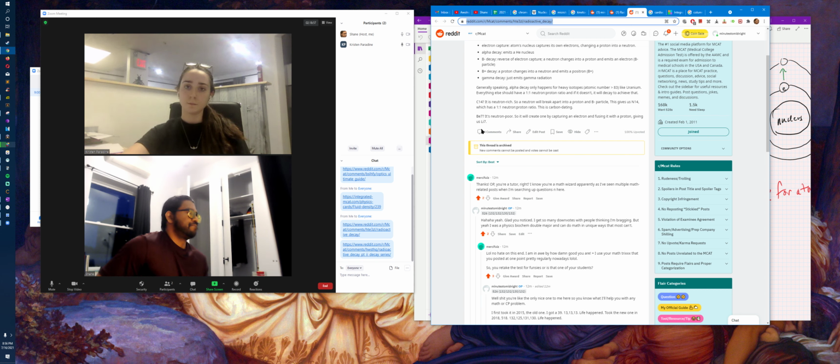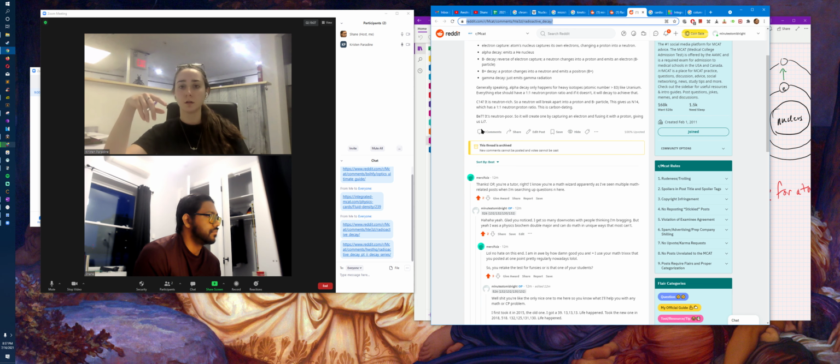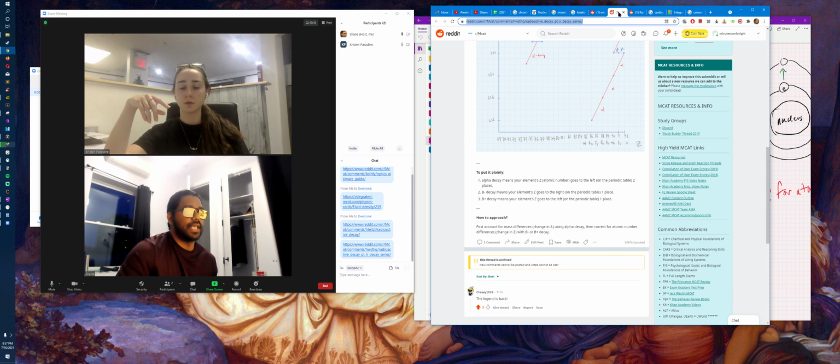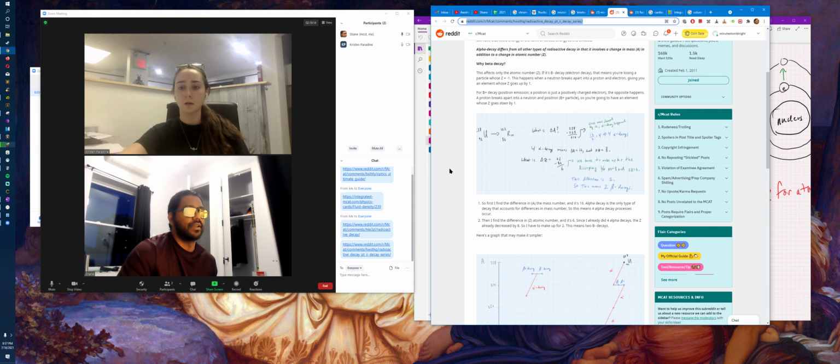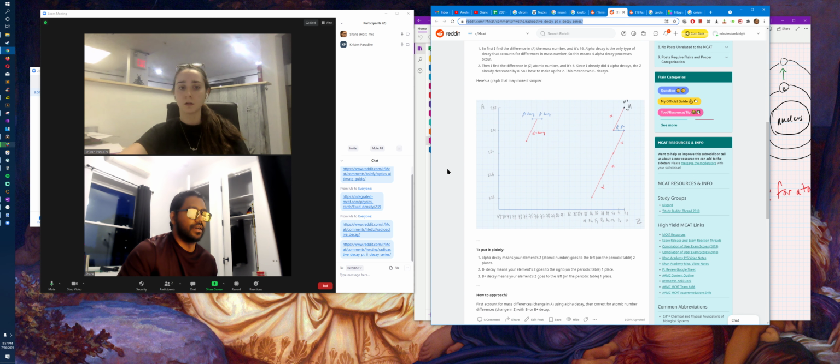So the trick for this is to think about how you subtract the 2 and the 4. I go into that in the second post, where I draw how to do it.